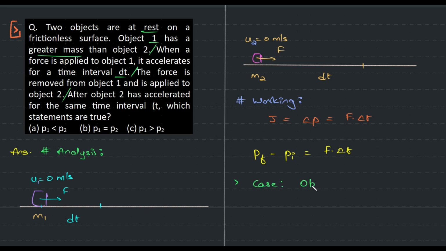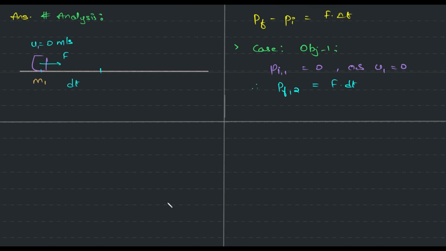Case 1, object 1. It has an initial velocity of 0 as u is 0. Oh, sorry, this is object 1. And therefore, the final momentum is force times delta t.